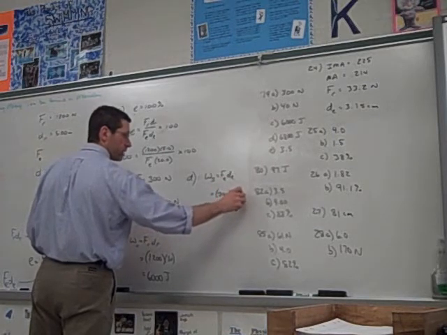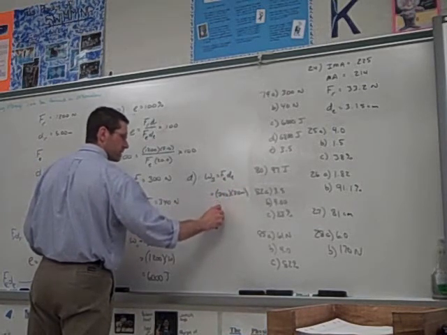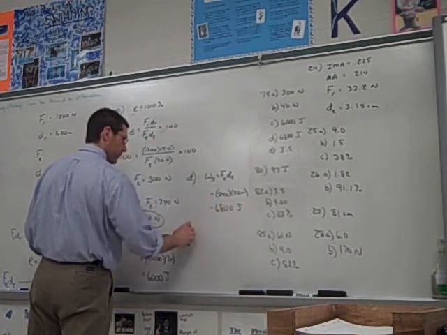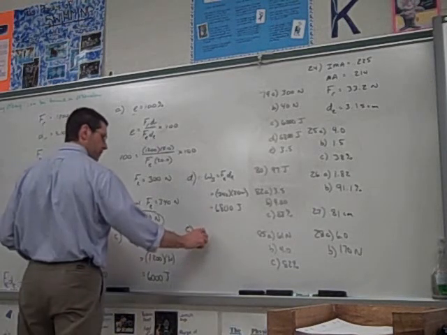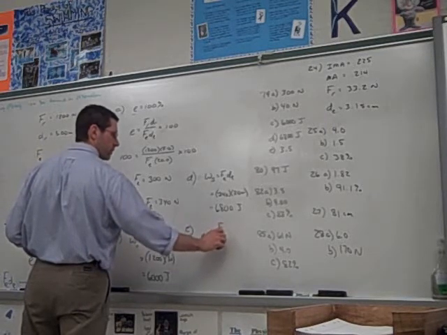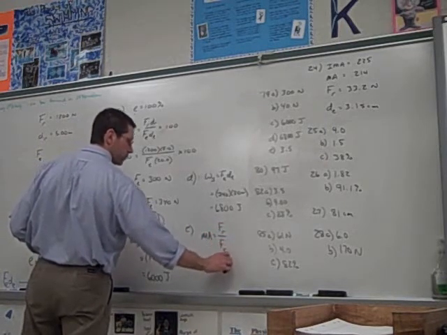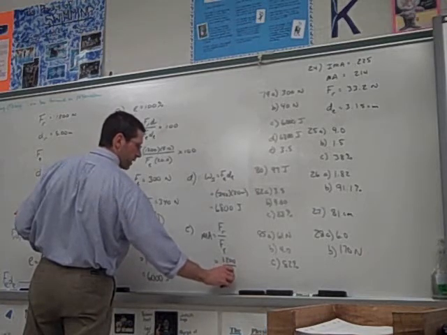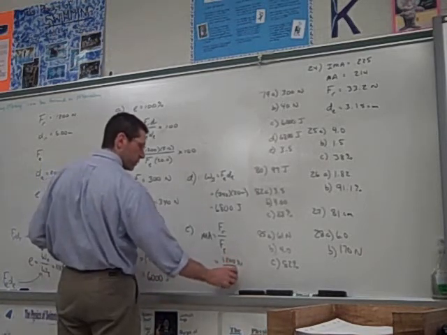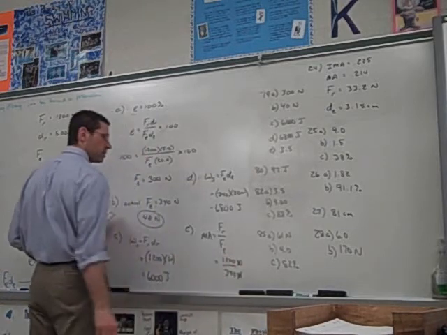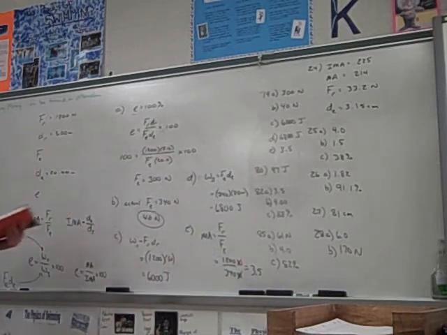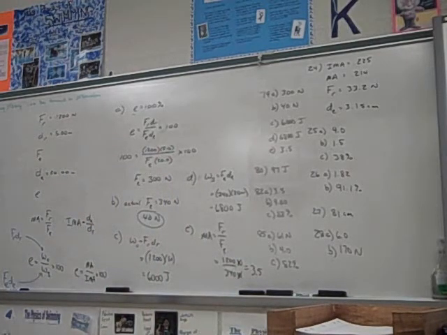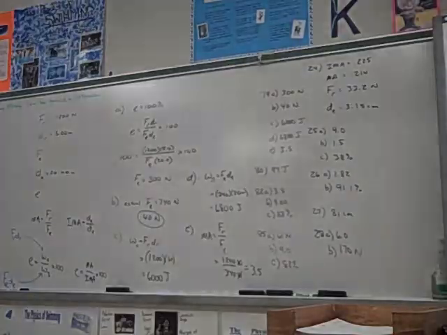And it's moving through 20 meters. So that's 6,800 joules. And then E asks for the mechanical advantage, so we have our equation for that. FR over FE. So 1200 over 340. And remember, these are newtons and newtons, so the units cancel, and it's just a ratio, 3.5. So basically his force is multiplied by 3.5 times is what that's telling us.